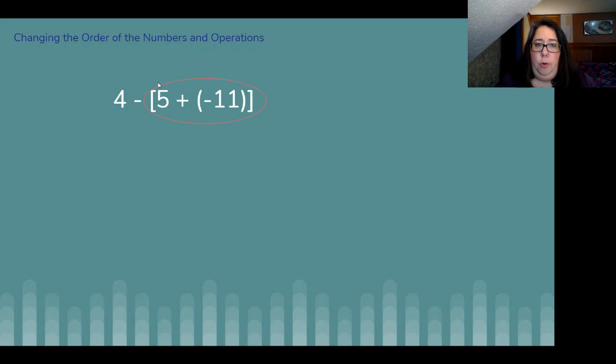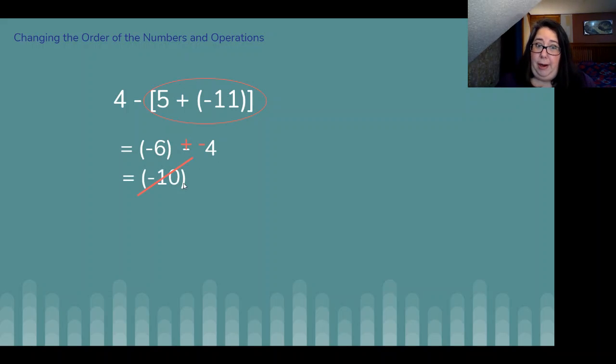The proper order of operations is to complete our brackets first, 5 plus -11. But often I see students just write that answer down and forget to write the 4 take away in front and then just tag it at the back. And so now it becomes -6 take away 4. Using our integer rules, we're going to change it to adding the opposite. And so -6 plus -4 is -10.